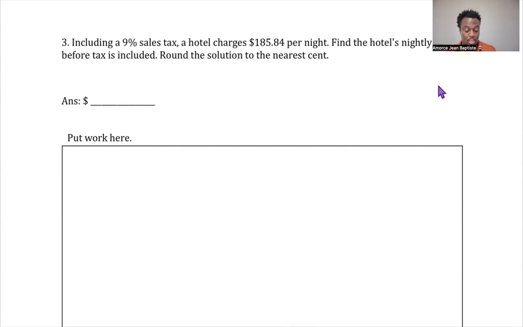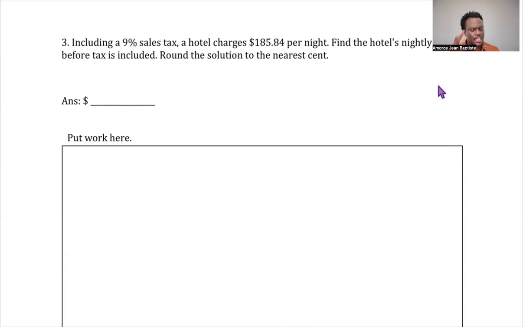Let's read this: including a 9% sales tax, a hotel charges $185.84 per night. Find the hotel's nightly rate before tax was included. Round the answer to the nearest cent.